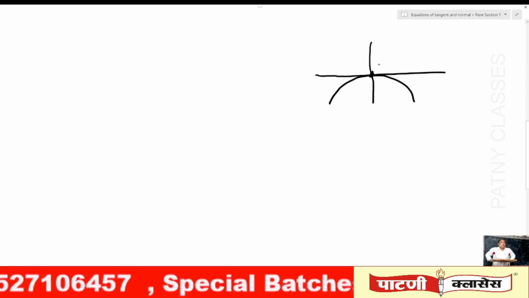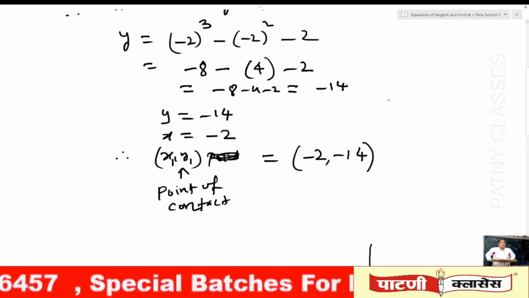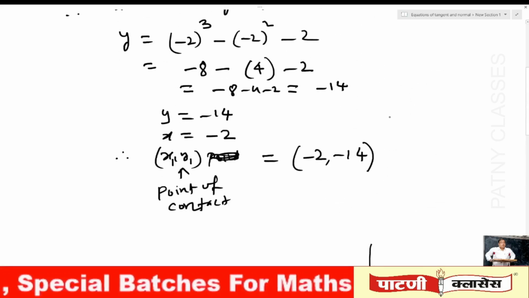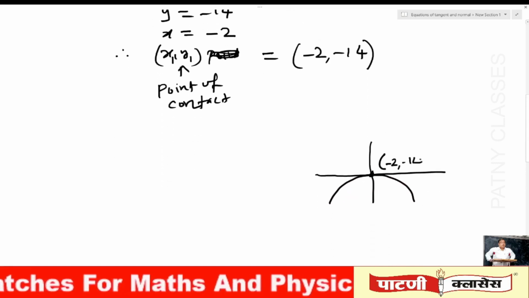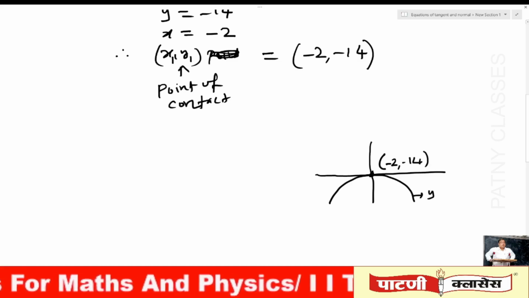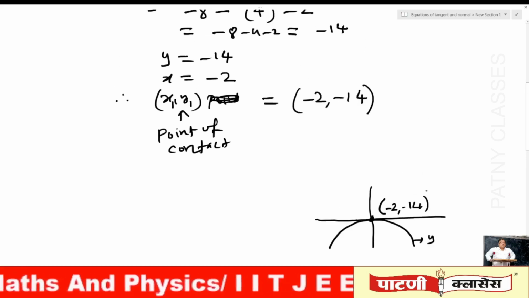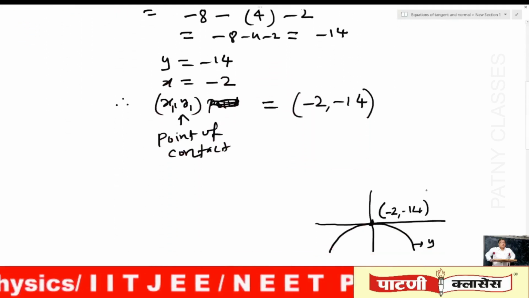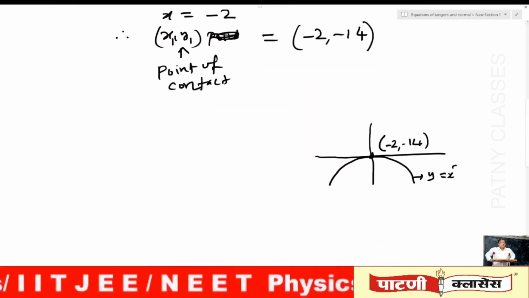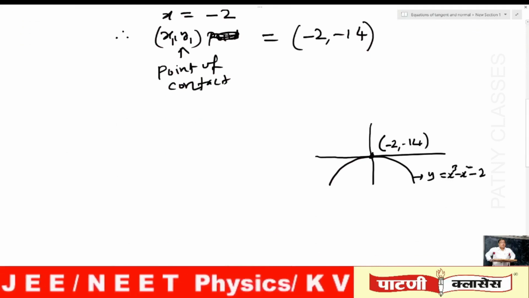Now we can draw it like this: this is the tangent and normal, and this is (-2, -14), and the curve is y equals x cube minus x square minus 2.